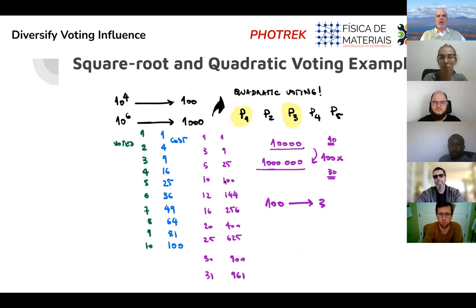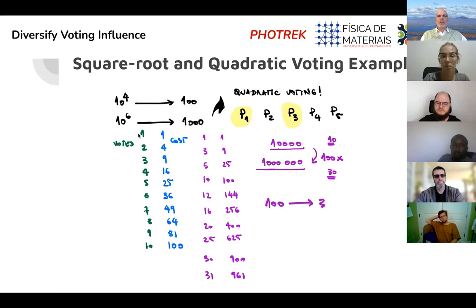So here's an example. If we had 2 individuals, one of which had 10,000 ADA in the wallet, that individual would get 100 voting power. On the other hand, an individual with 1 million ADA in their wallet would get 1,000 voting power. That's the square root rule. And now we can think about, if say the first person really liked proposal 1 and the second person really liked proposal 3, how do they want to spread out their votes?